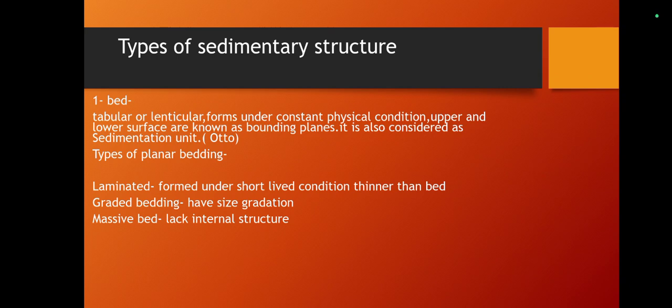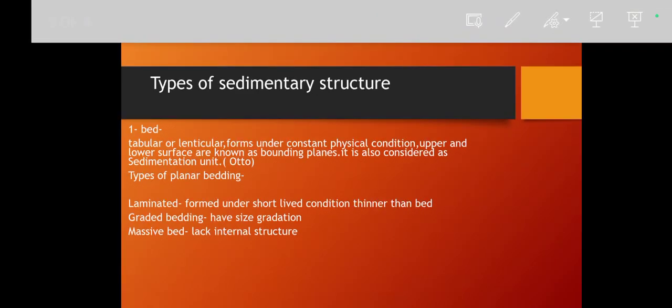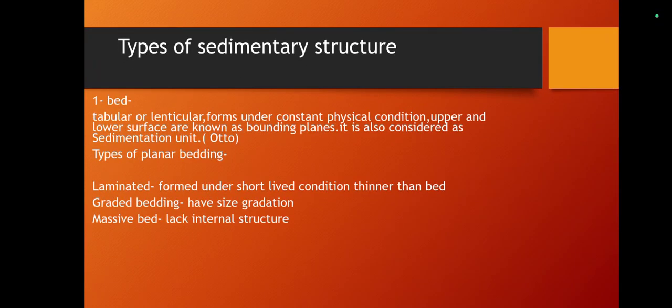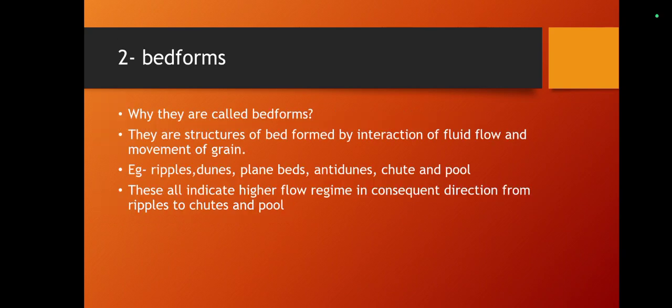Graded beddings are formed under turbidity currents. Now coming towards massive beds, which lack internal structure; those are called massive beds.